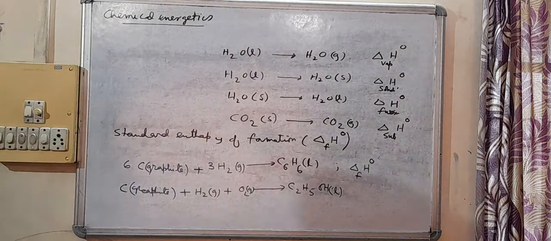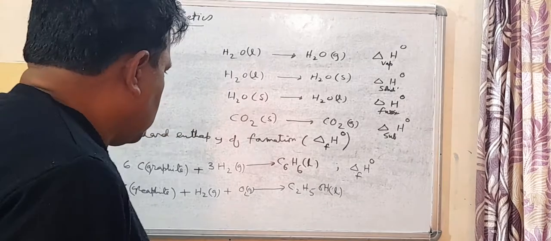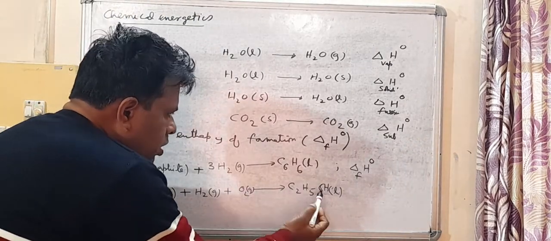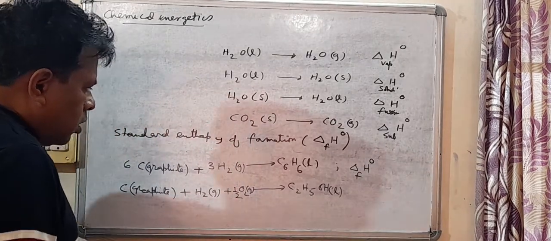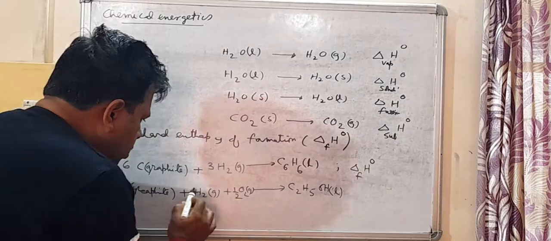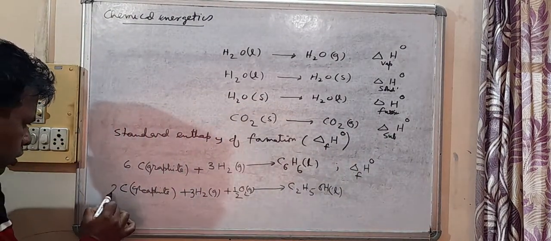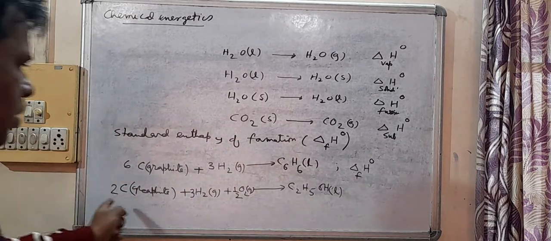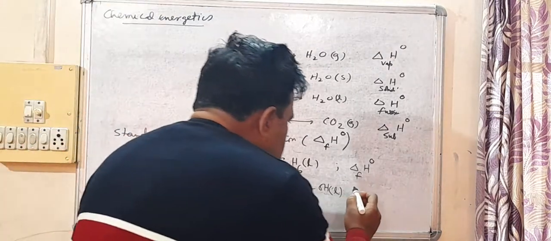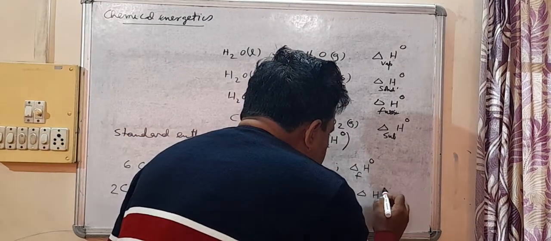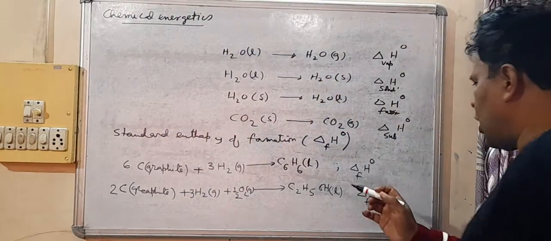So all the constituent elements are written. Now we have to balance it, keeping 1 mole on this side. Since there is only 1 atom of oxygen, so half O2. There are 6 atoms of hydrogen, so 3H2, and 2 graphite. So you see 1 mole of ethyl alcohol is being formed from its constituent elements. So this is the standard enthalpy of formation of ethyl alcohol.